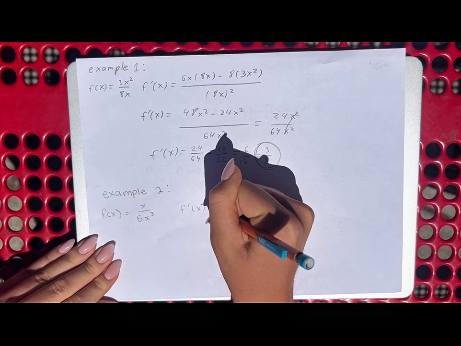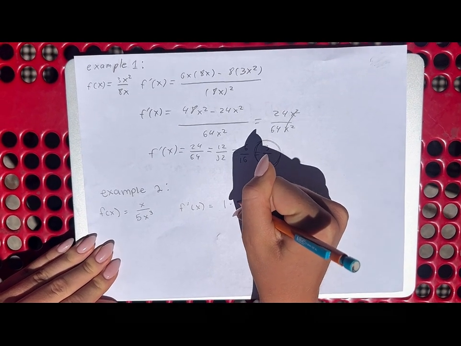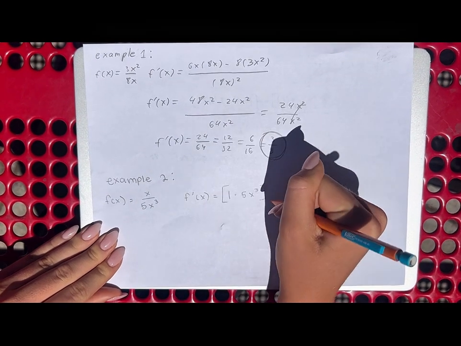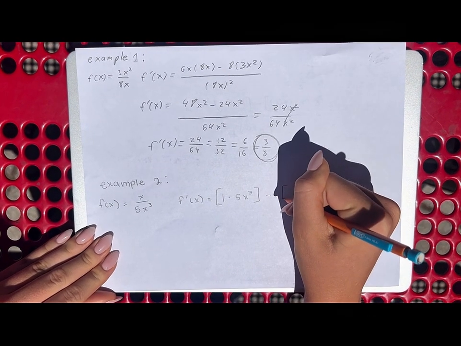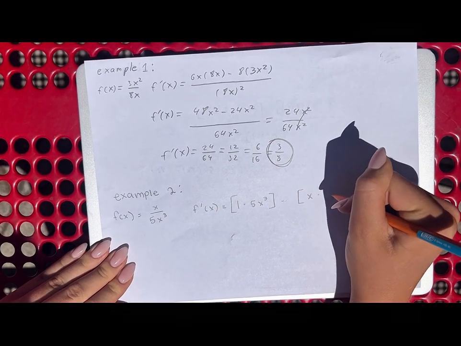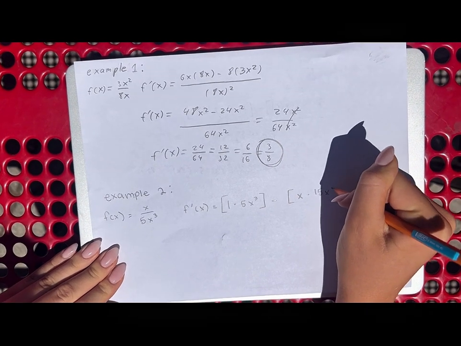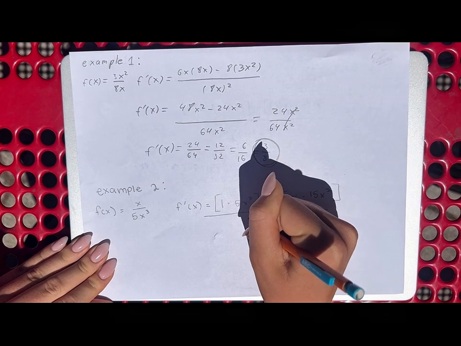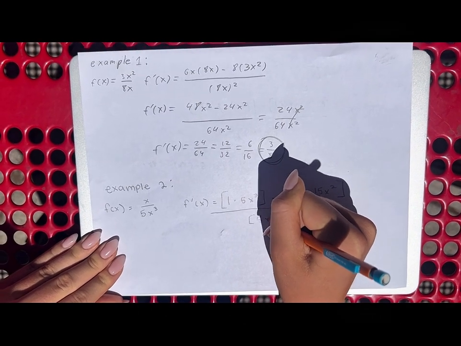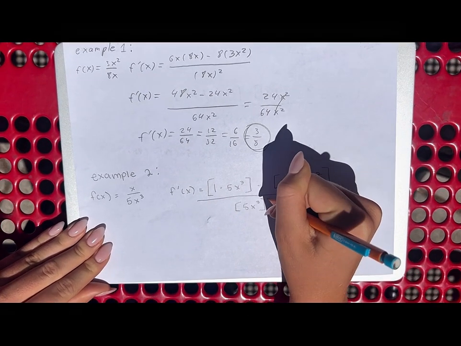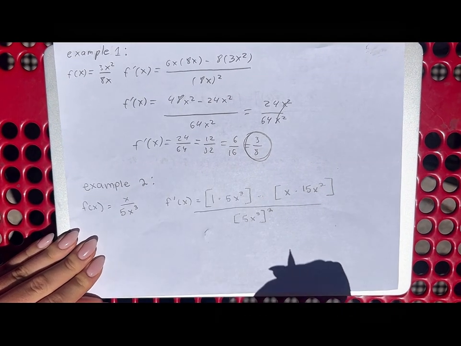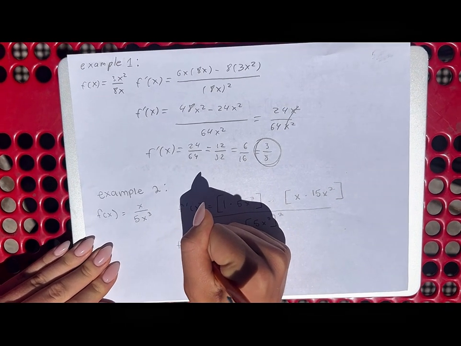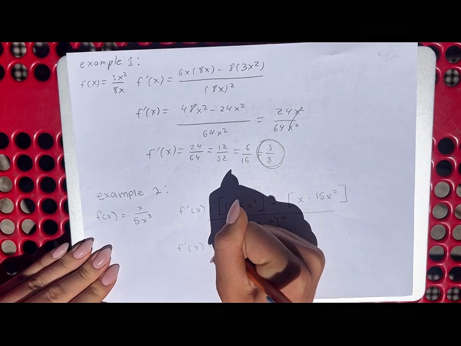So to find f'(x), again, we're going to multiply by the derivative of the top function, which is 1, and the bottom function, which is 5x cubed, and then we're going to subtract from that the top function multiplied with the derivative of the bottom, which is just 15x squared, again through the power rule. In the bottom of the fraction, we're going to have (5x cubed) squared, and we need to make sure we square all parts of this 5x cubed.